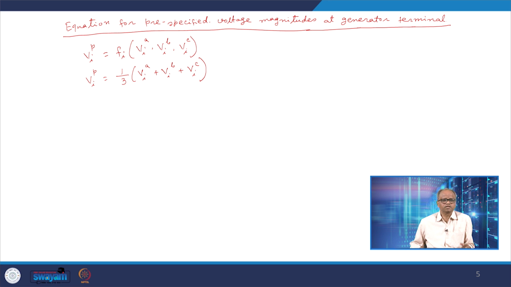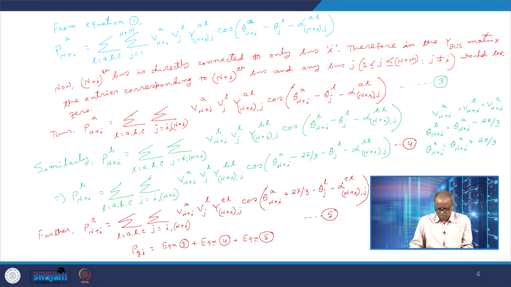I can take, let's say, the square root of ViA square plus ViB square plus ViC square, or whatever it is. But usually this is the most logical one and we usually take this. So we will go with this expression. This is my expression number 6.